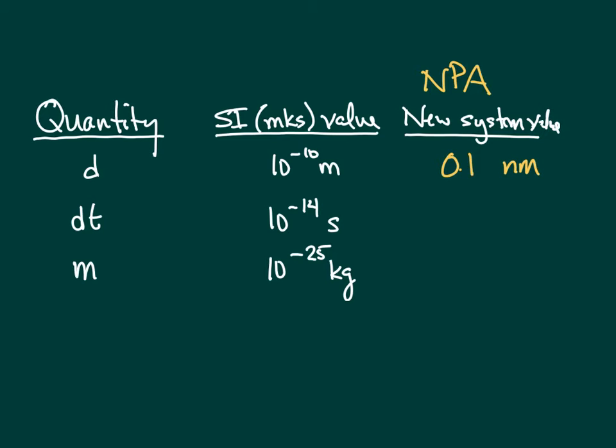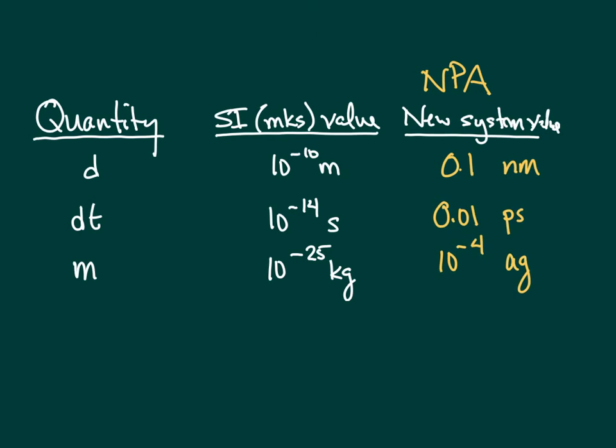Instead of dt being 10 to the minus 14 seconds, it can be 0.01 picoseconds. Instead of masses being 10 to the minus 25 kilograms, they can be 10 to the minus 4 attograms. You can see the numbers we are getting here are much more reasonable. It's hard to imagine multiplying these together and getting close to that 10 to the minus 14 oh crap line where a computer starts choking.